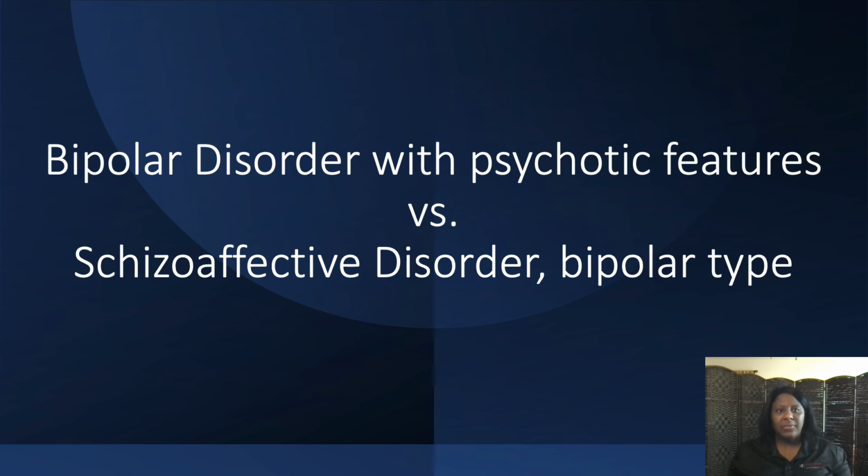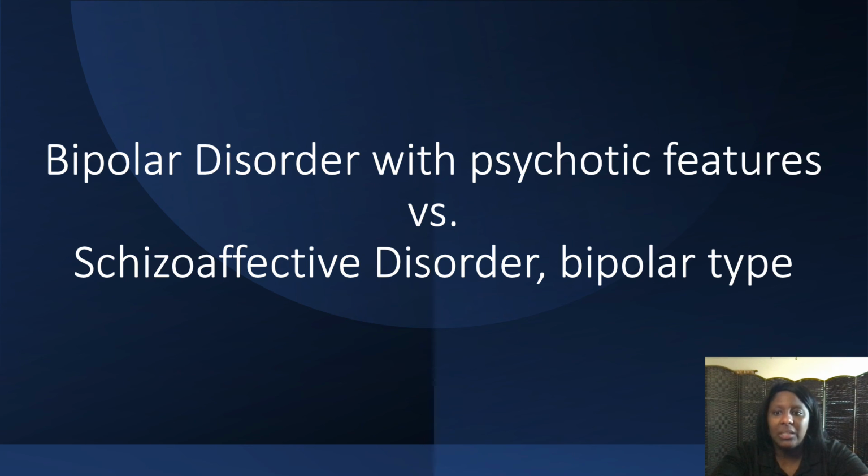Let's take a look at the difference between bipolar disorder with psychotic features and schizoaffective disorder bipolar type. So criteria B of schizoaffective disorder is designed to distinguish schizoaffective disorder from bipolar disorder with psychotic features. So you want to be sure that you're fully understanding that. We'll take a look at page 110 on the DSM-5. It reads this way.